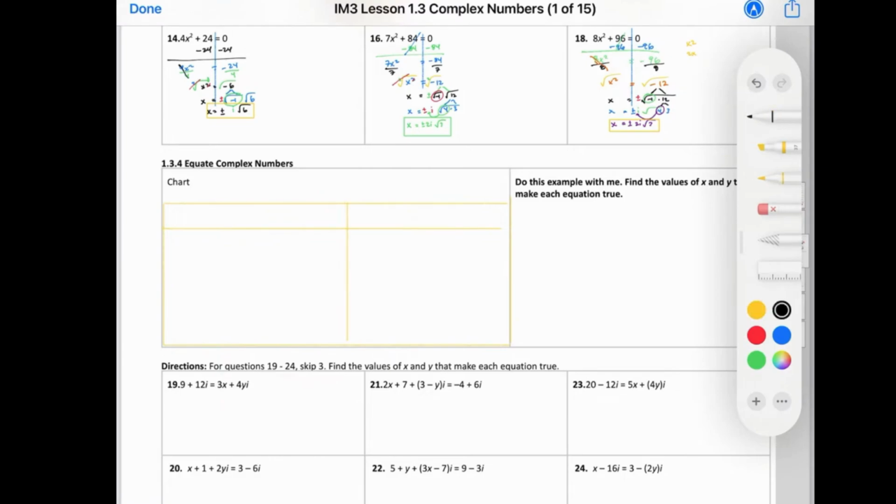Okay, in this family there are what we call complex numbers, and that is in the form of a plus bi.